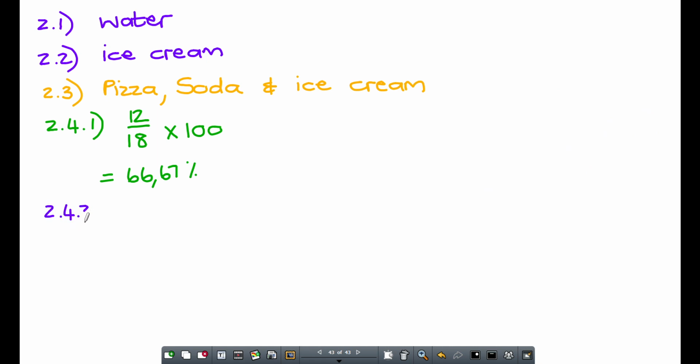2.4.2 sê hulle vir jou ice cream for dessert as a decimal fraction. Okay. Hoeveel keer, onthou is dit 18 in totaal, né? How many times do we have ice cream as a dessert? Net maar die helfte. 9 times, né? Onthou daai een ice cream by 2.2 moes jy self gaan invul het.